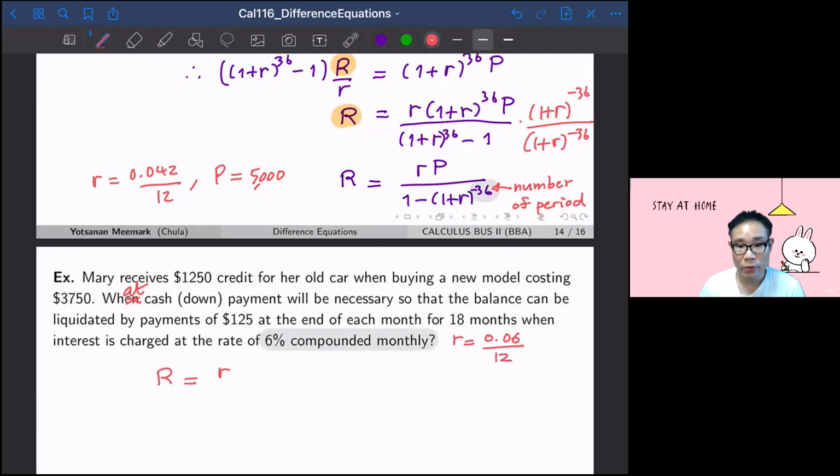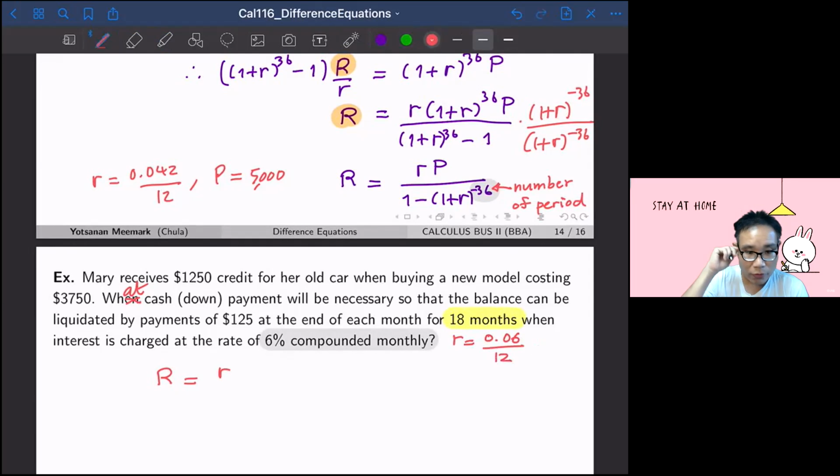You have X equal to 18 months. So this one will be another piece of information: you have 18 months. And you need to solve for P.